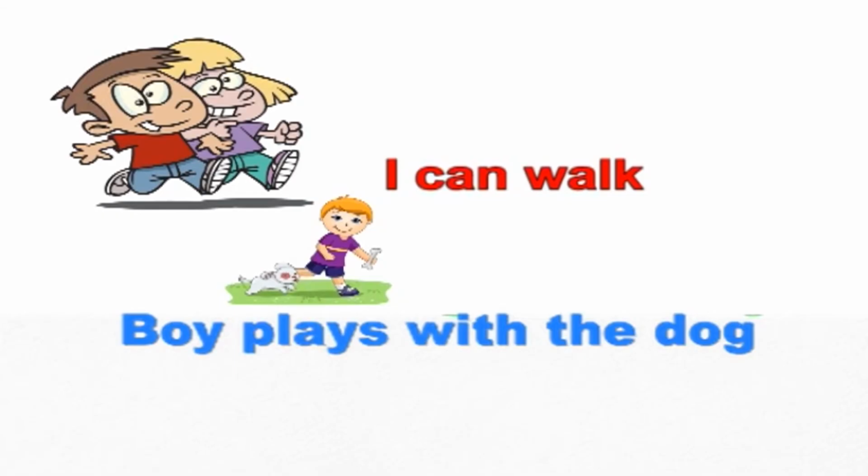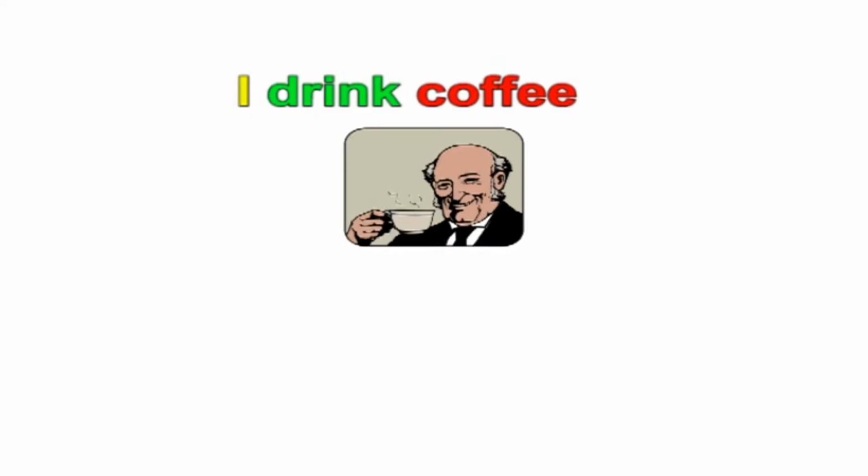The simple sentence has only one clause, the independent clause. A simple sentence, also called an independent clause, contains a subject and a verb and it expresses a complete thought. Let me give you a simple example. I drink coffee.